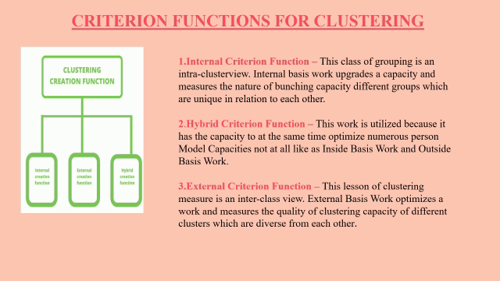This function is utilized because it has the capacity to simultaneously optimize numerous individual criterion functions, unlike internal criterion functions and external criterion functions. The third is the external criterion function. This class of clustering measure is an inter-class view. External criterion function optimizes a function and measures the quality of clustering of different clusters which are diverse from each other.